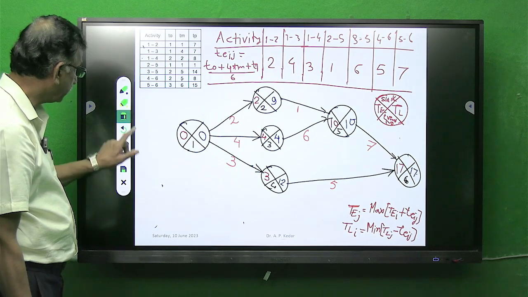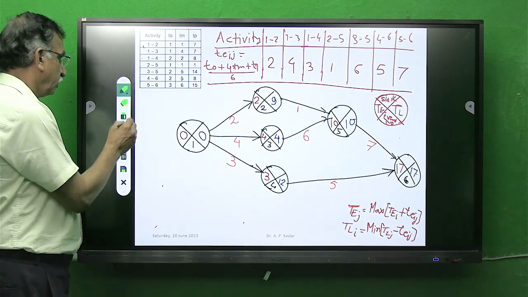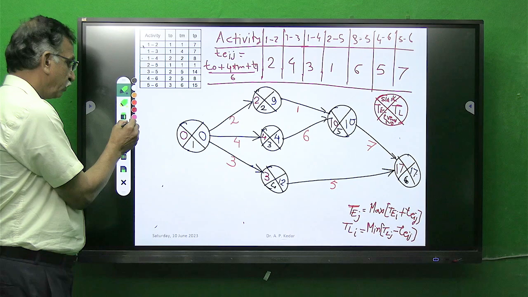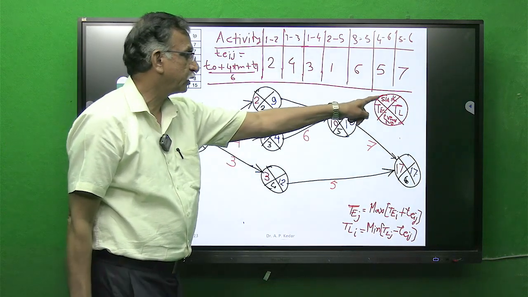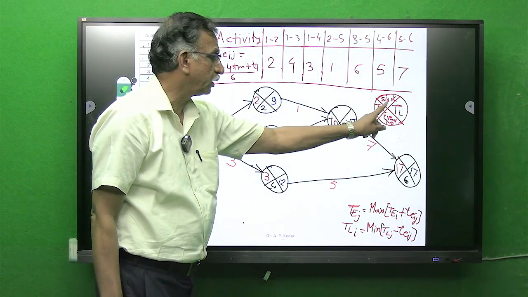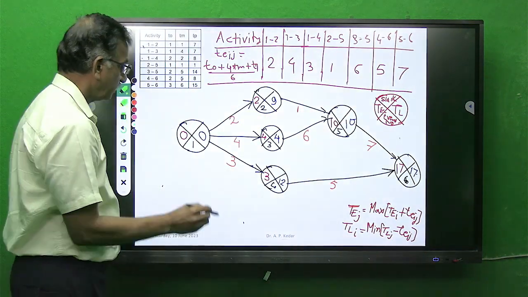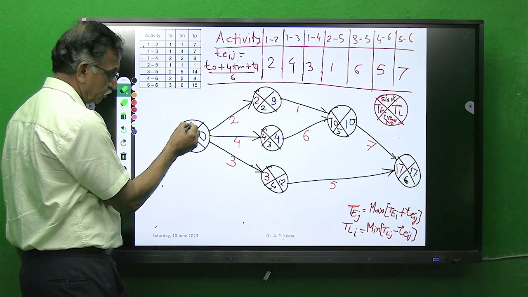Now I am ready with all these calculations. Now my task is to find the value of slack. What is slack? Difference of TL and TE. 0 minus 0, 0.